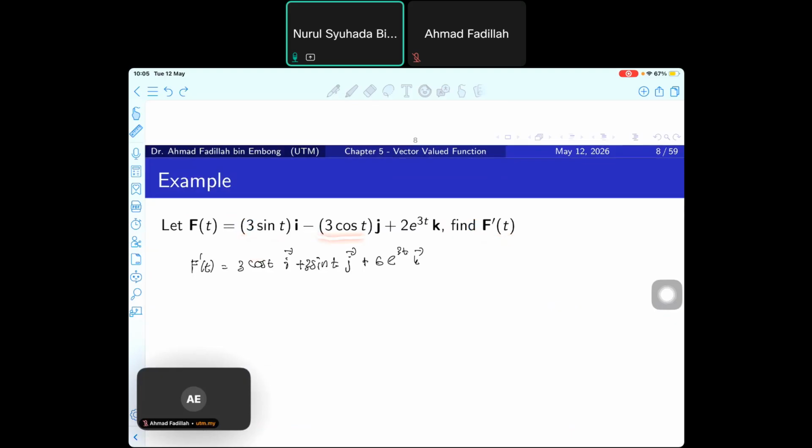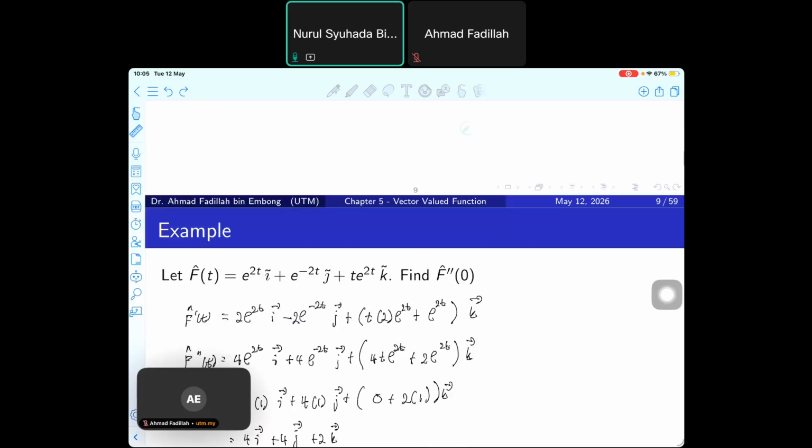The derivative of 3 cos t is equal to -3 sine t, so it is equal to 3 sine t. And the derivative of 2e^(3t) is equal to 6e^(3t). Okay, so I think that is simple.